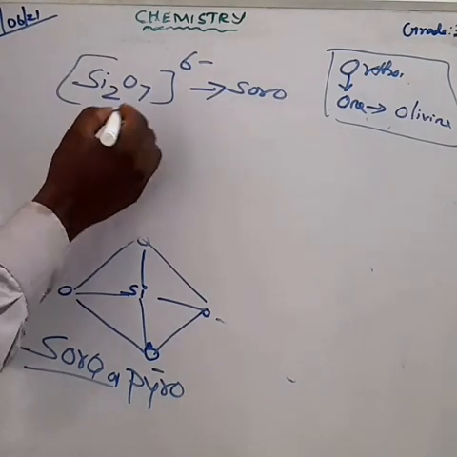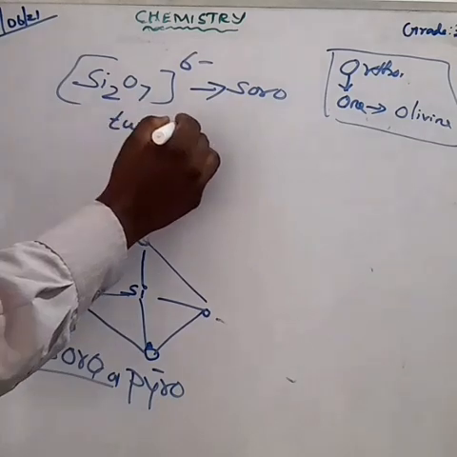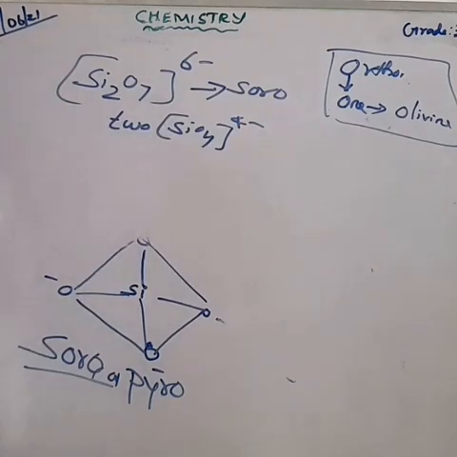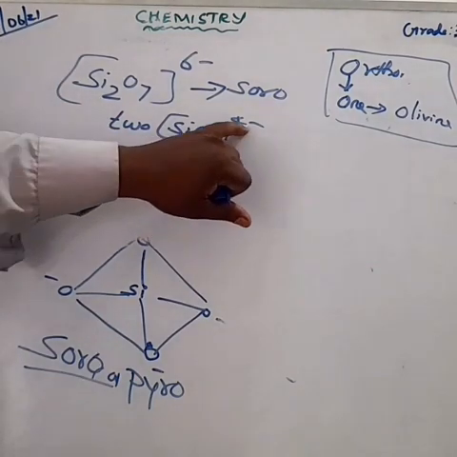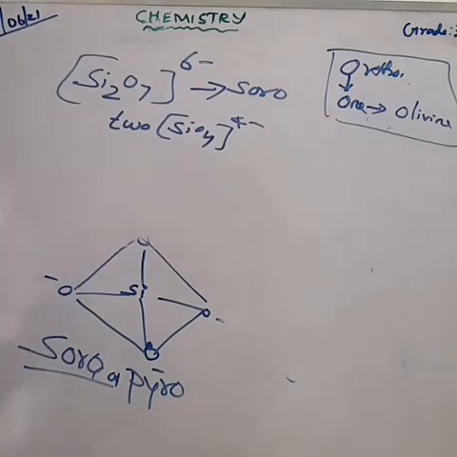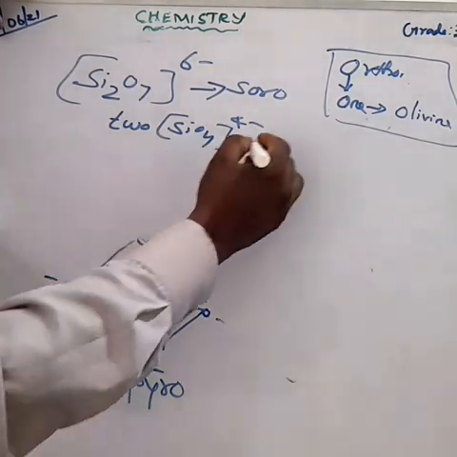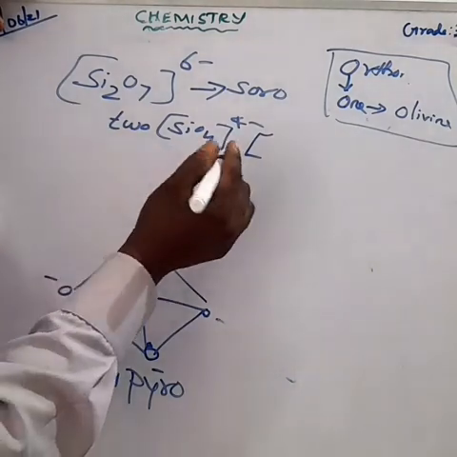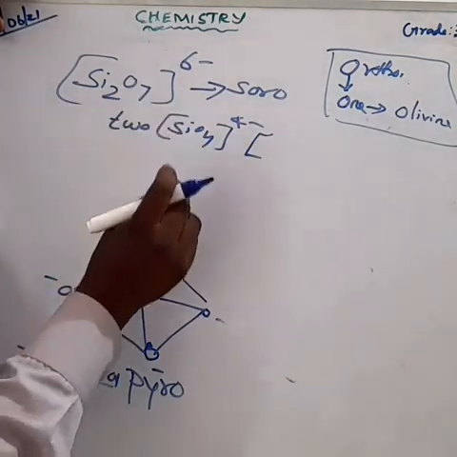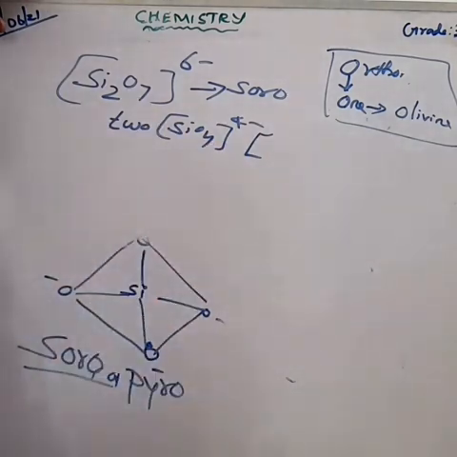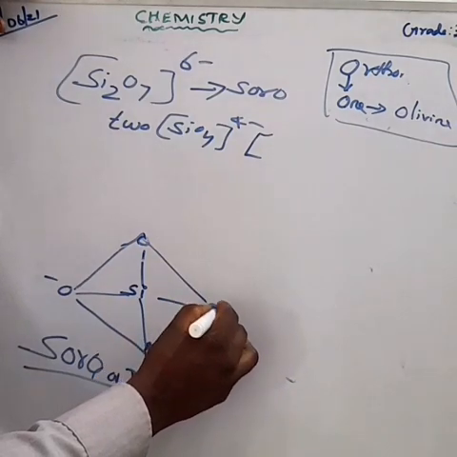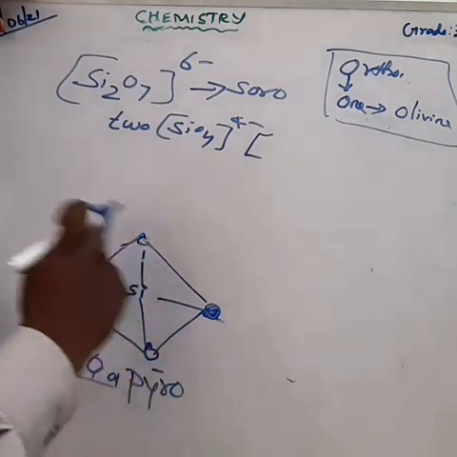They are formed by the joining of SiO4 4 minus tetrahedral units. 2 SiO4 4 minus tetrahedral units are joining, and we get sorosilicate. Due to the joining, what happens, you have to learn it. In sharing, one oxygen atom is at one corner. While I am drawing the diagram, silicon is surrounded by 4 oxygen atoms.